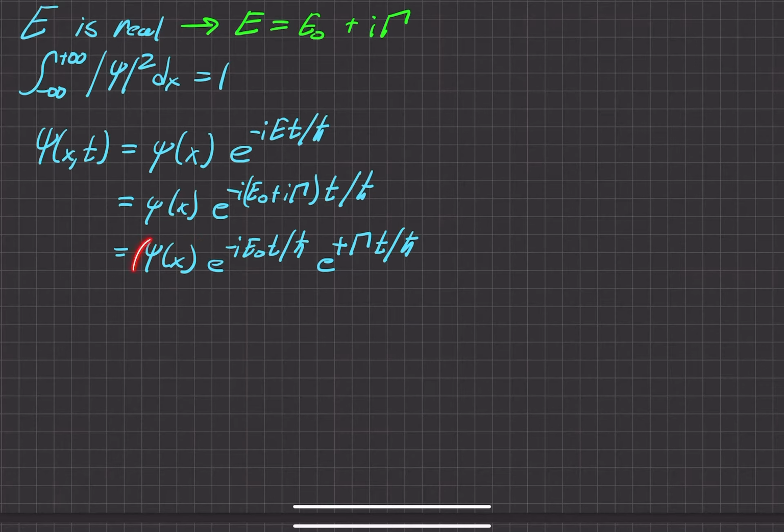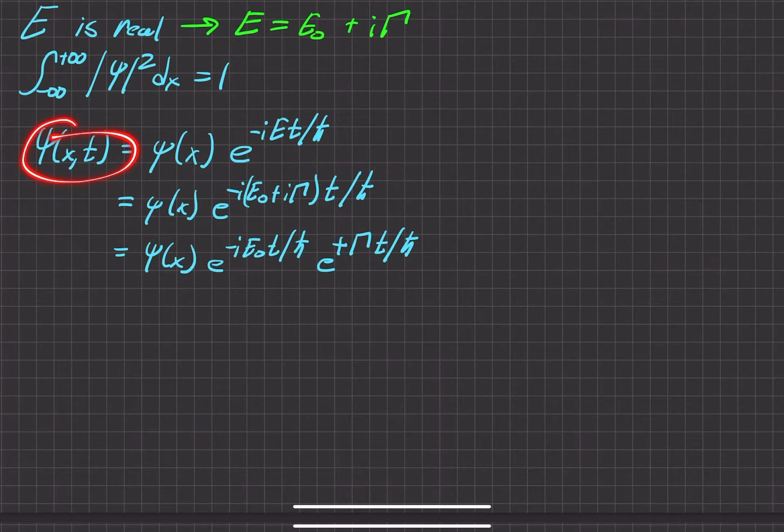So here we, of course, have our spatial dependent portion, and then we have a time dependent portion, which includes both our gamma and our E naught here. And if you notice, this one has no complex i in it, because whenever you distributed the i, it became negative 1, which made this negative sign positive.